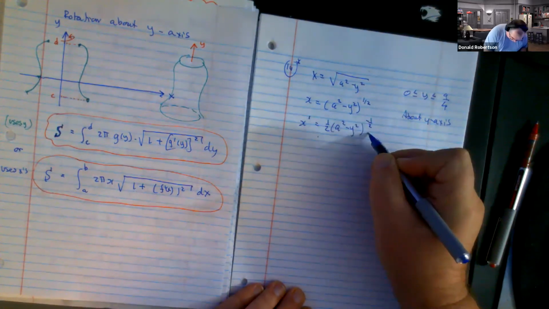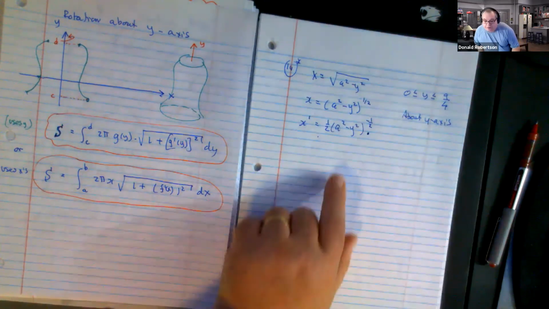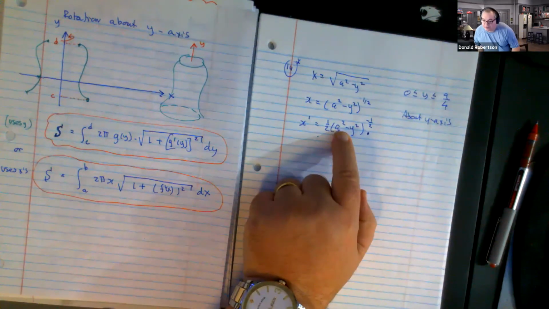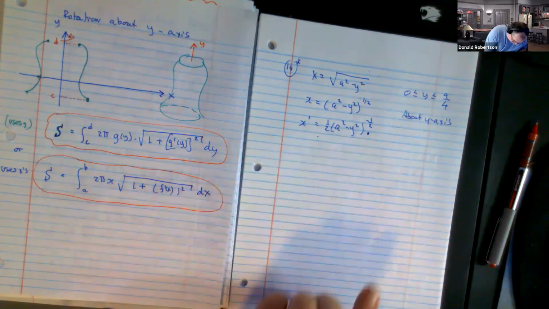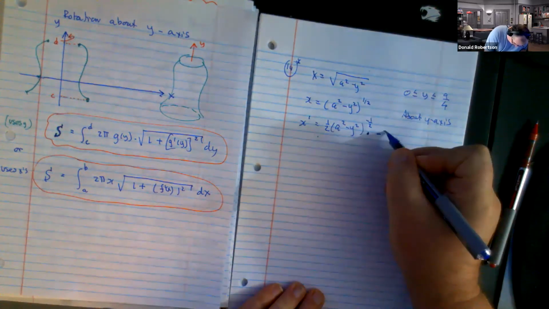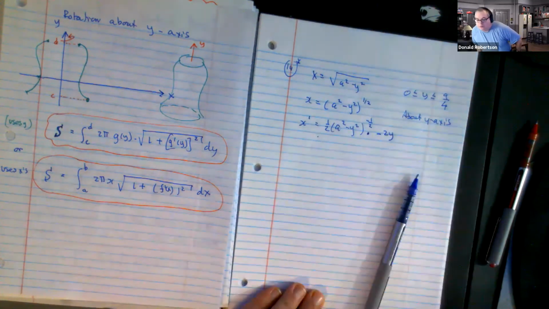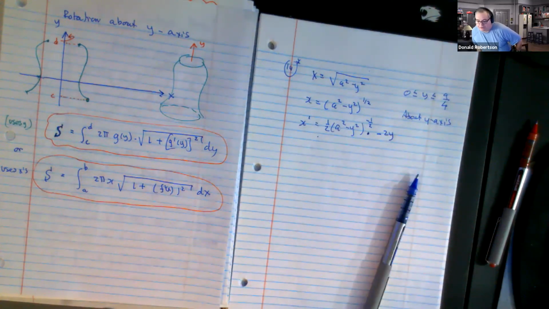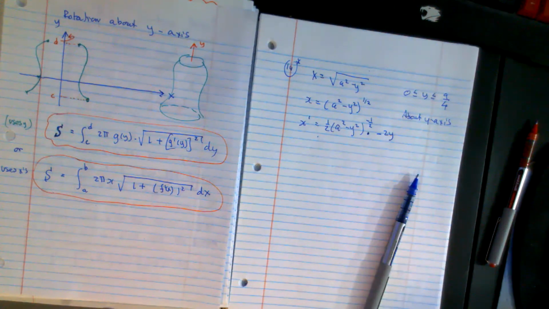But also, don't you get the derivative of what's inside with respect to y? And if you differentiate a squared minus y squared, you only get negative 2y. Why don't you get 2a squared minus 2y? Why is that wrong? Why is it just negative 2y? A is a number, so it goes away.